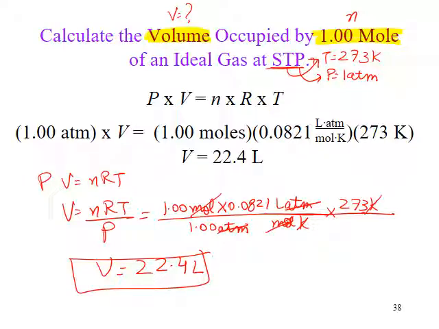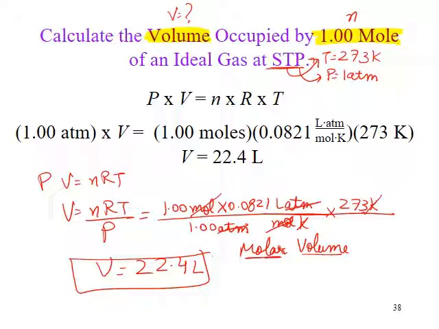Always. For any gas, any 1 mole of a gas at STP will always occupy 22.4 liters, irrespective of what gas it is. Therefore, this is also sometimes referred to as molar volume, meaning the volume occupied by 1 mole of a gas is called molar volume.